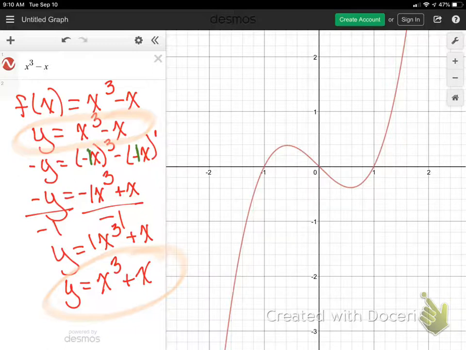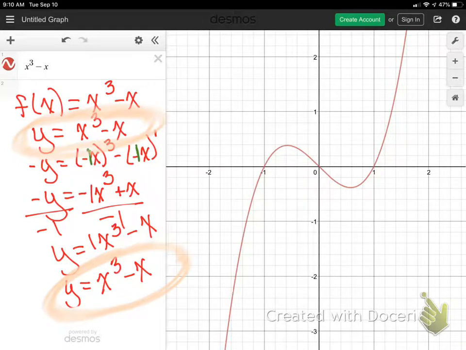Oh, I see where I messed up. Okay. Negative 1x to the third divided by negative 1 is 1. Positive x divided by negative 1 is negative x. So that is the same. Okay? There we've got it. So x to the third minus x and x to the third minus x are equal. That means that this function is symmetrical to the origin.